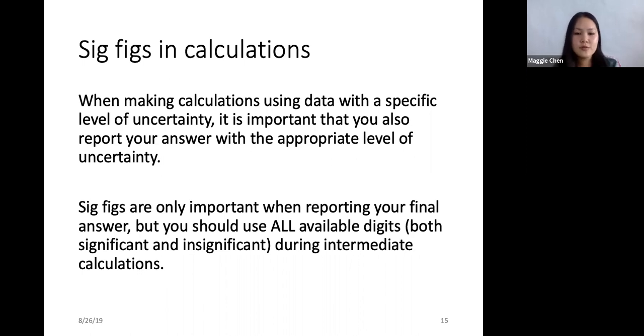So sig figs are only important when reporting your final answer, but you should use all available digits, both significant and insignificant, during intermediate calculations. Significant figures and rounding, you do that at the end. When you're doing your calculations, you should use all of the numbers that you're given in your calculator and just round at the end so that your number is as accurate as possible. So this is sig figs in calculations.